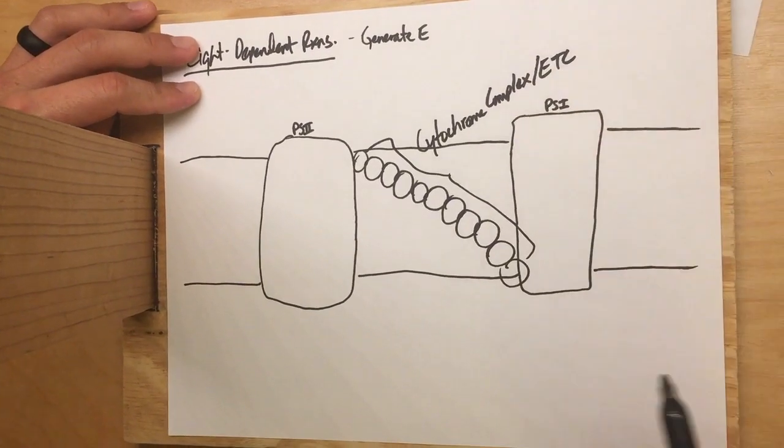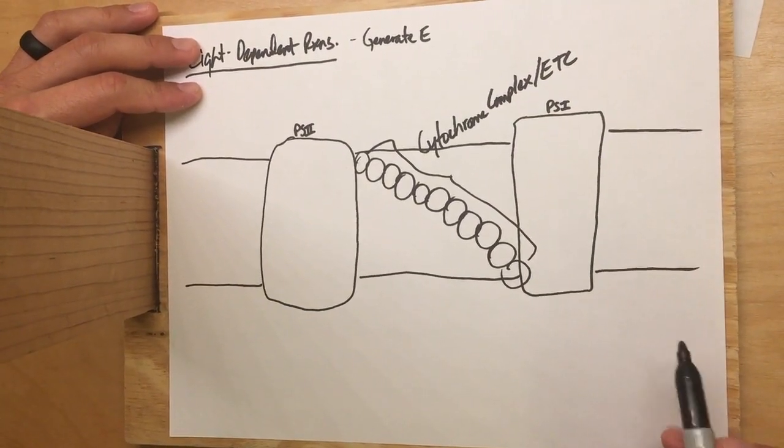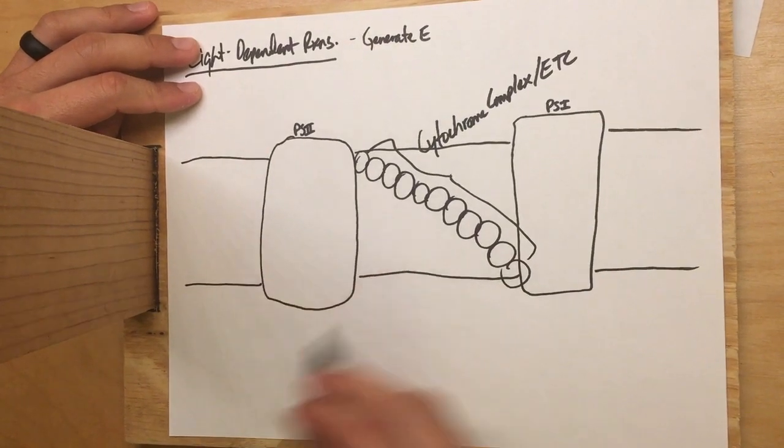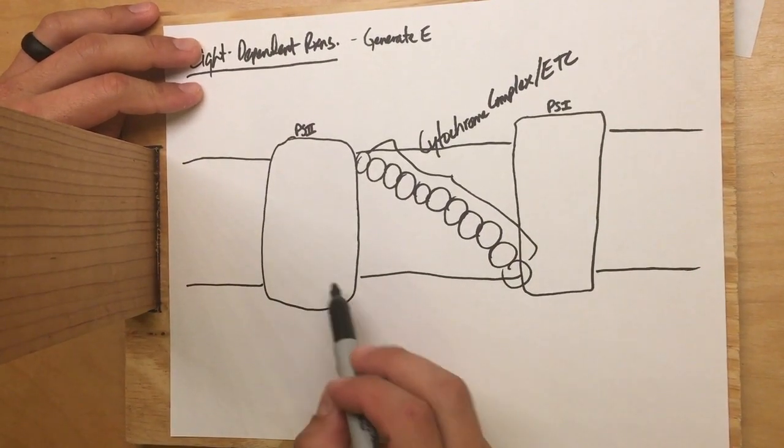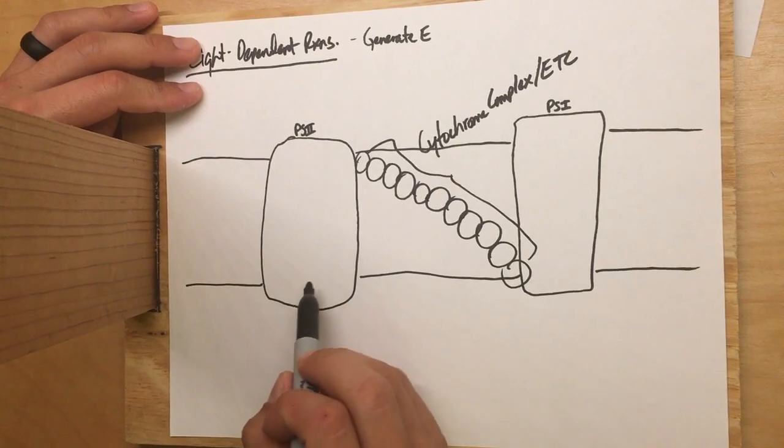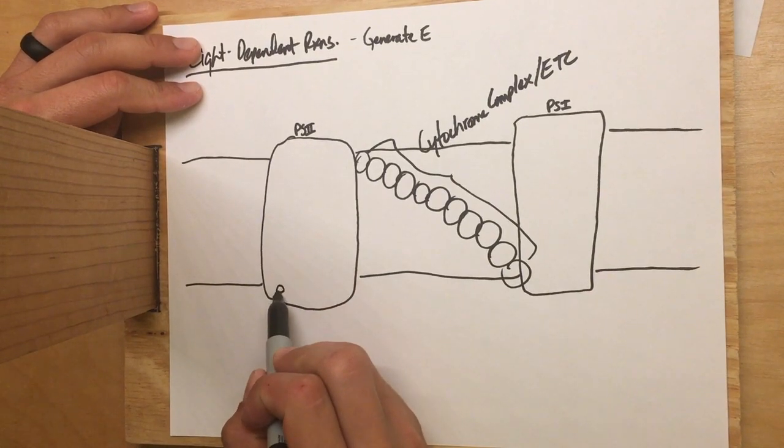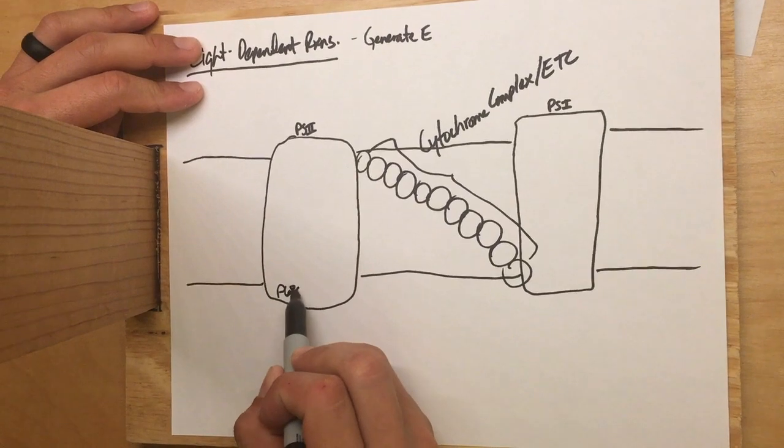So now we can talk about what's actually going to happen. PS2 is this group of a whole bunch of proteins, and the very first protein that's going to be named within PS2 is a very special one that is called P680.